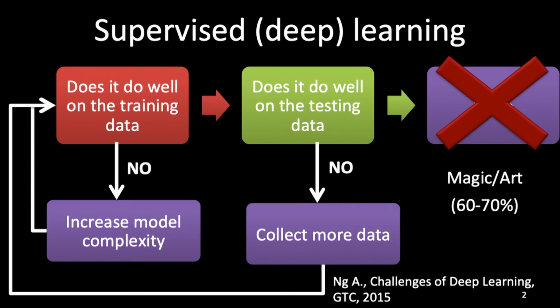For beginners, making this work is sort of a magic, but for more experienced people, it has become more like an art. In fact, more than 60 to 70% of the time is consumed by identifying or tinkering with the model to make it work for the particular data.